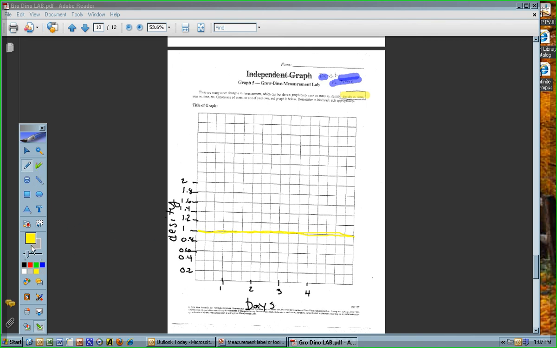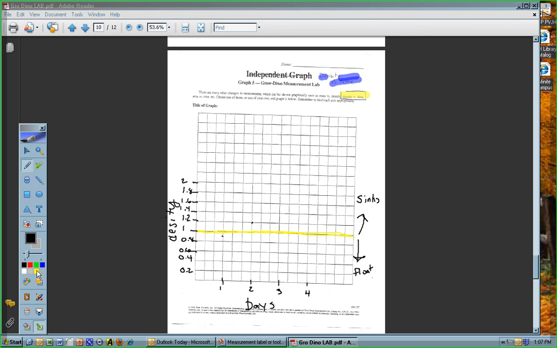And the idea is that when you have a density that's above this line, your object sinks, and your density is below this line, the object should have floated. All right? You will probably have to round. If you've got something that's 0.9, it's going to end up here. If you've got something that is 1.12, it's going to end up here.